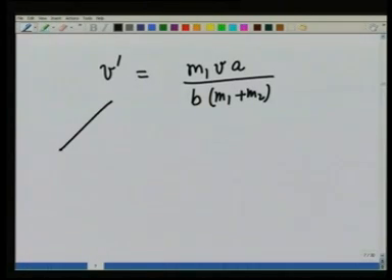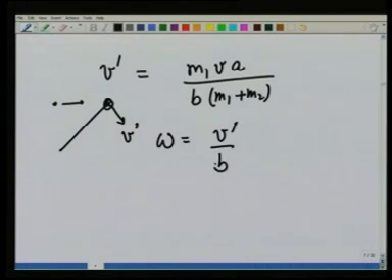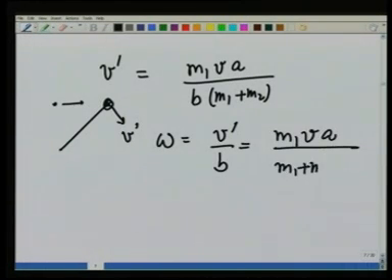So, to recall again, after the masses get stuck, this fellow moves immediately after that with velocity v prime, and therefore omega is going to be v prime over b, which is equal to m1 v a over (m1 plus m2) b squared, which is the same answer as obtained earlier by applying the conservation of angular momentum.